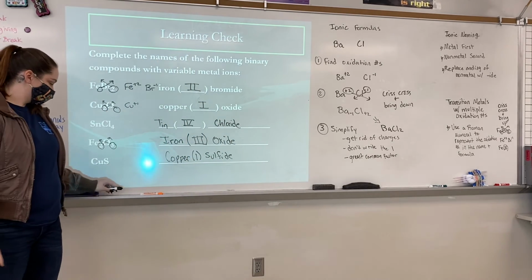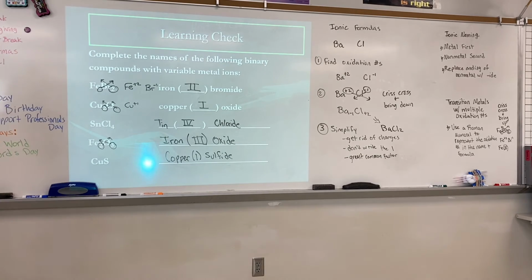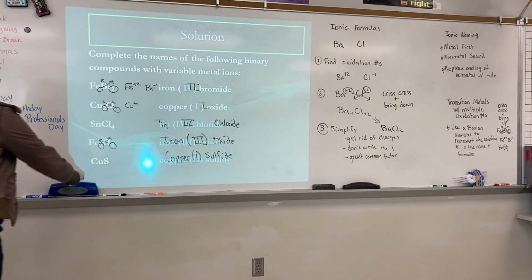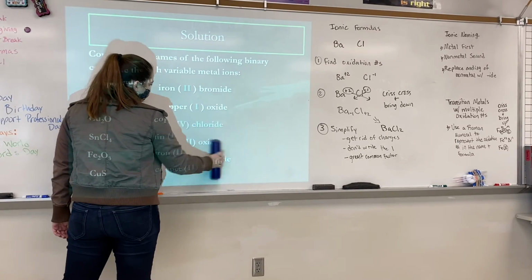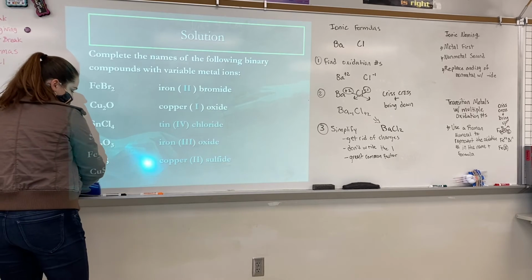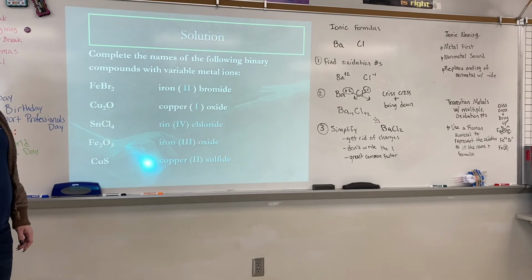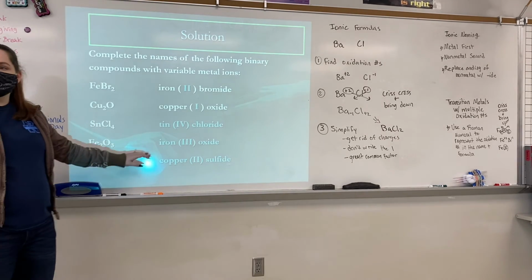Yes, ma'am. For the second to last one, I put Roman numeral 2 at the end. Is that not right? No, because the Roman numeral is associated with the metal. If you put it behind the non-metal, then you're telling me what the non-metal's oxidation number is. You are only concerned with the metal.